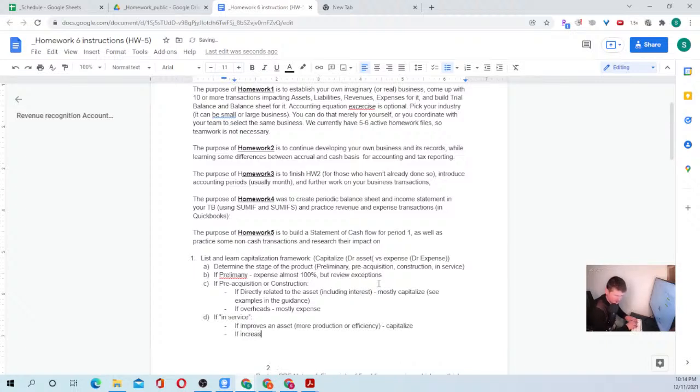If increases useful life of asset, capitalize. If neither, expense.